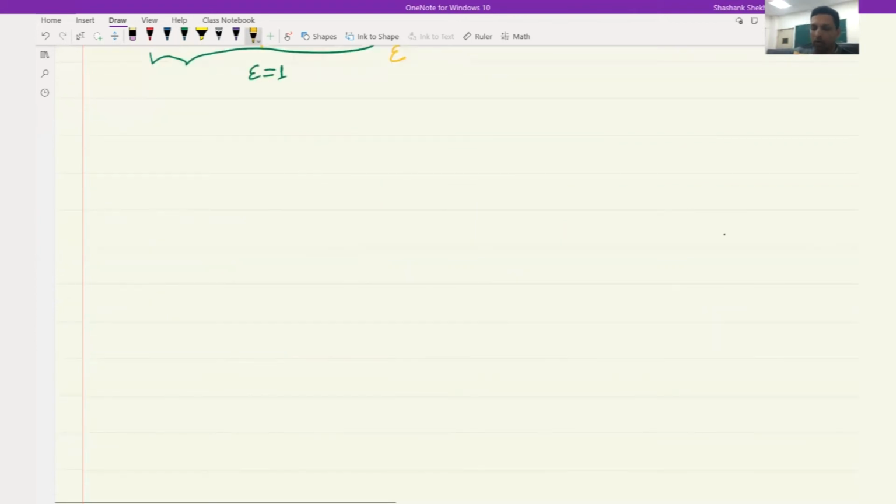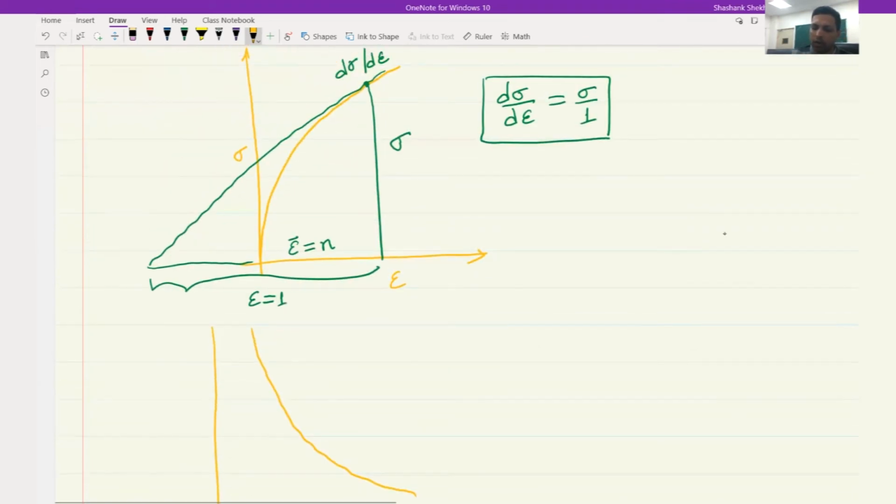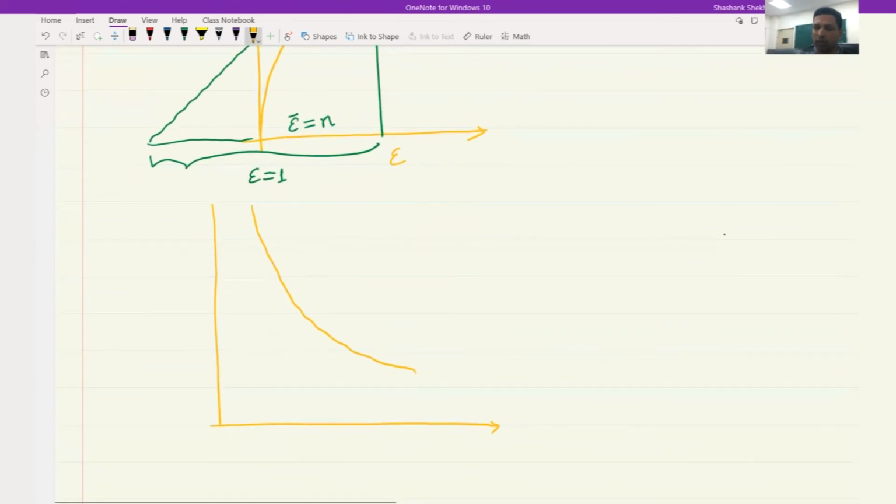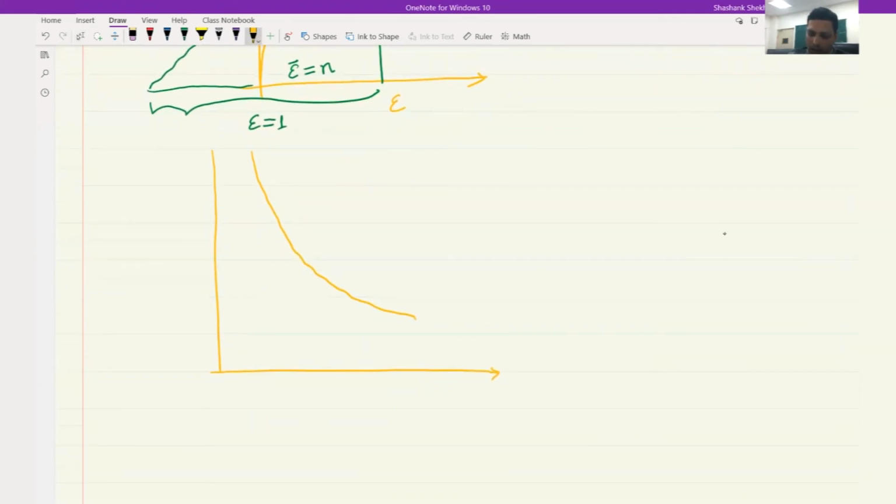And we can also draw it a little differently. Let's say we are drawing the slope. So the slope is continuously decreasing, as you can see, which is represented by this. And this is the stress curve.